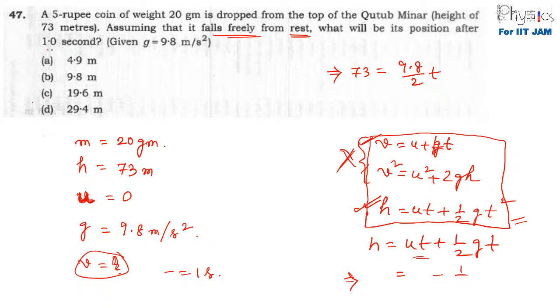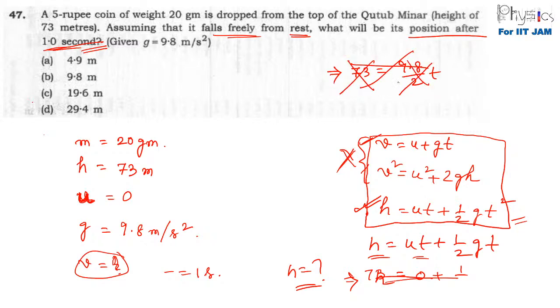See, here t is given. I don't need to find the value of t. I have to find the value of h. Okay, what is h? We have to find the value of h, the position after 1 second.